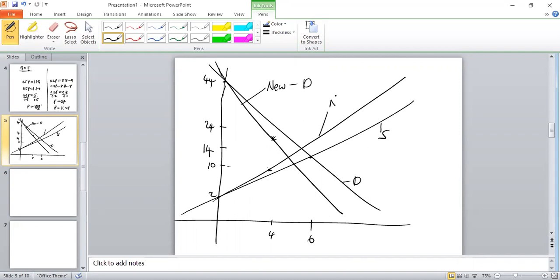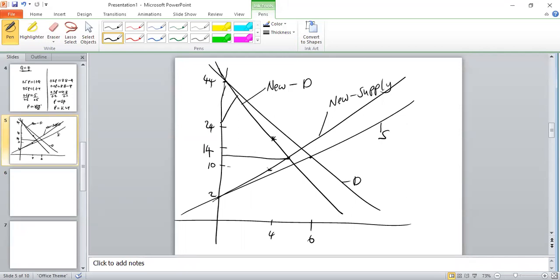This is the new supply passing through the stated coordinates. So they are now meeting at a new point here. So you just illustrate there. This is the new point where they'll meet.